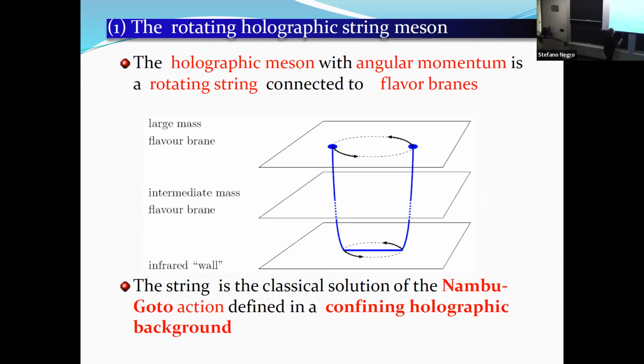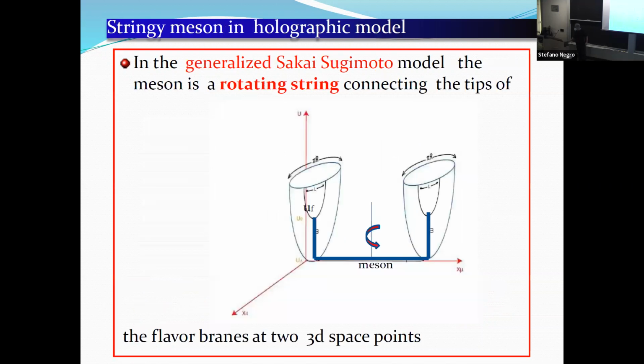So you have 2 endpoints of the string, you compute the profile, and you look for rotating solutions if you want angular momentum. In this generalized Sakai-Sugimoto model, it will look like the following. We have a string that connects the tip of the D8 branes at one point in space and another point in space, and this configuration all rotates.